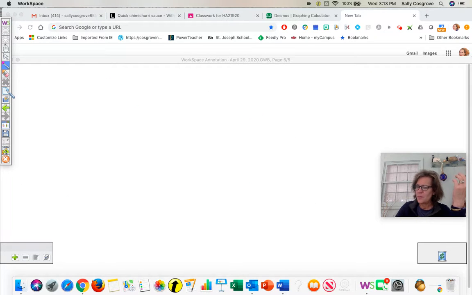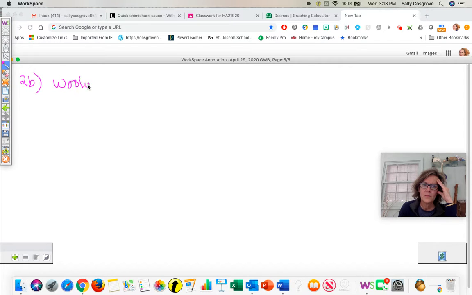Our second example in this same, well, it's the same example, but a second piece. Now we're going to look at a woolly mammoth specimen. Most of you have probably seen it, it's just like a hairy elephant, but much larger.